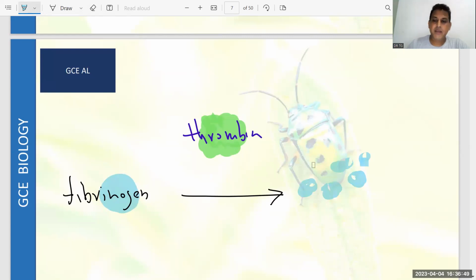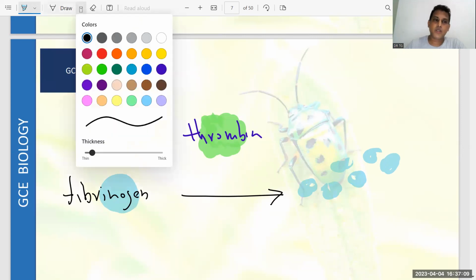And then fibrin can join together, a kind of polymerization, to make an insoluble molecule called fibrin.